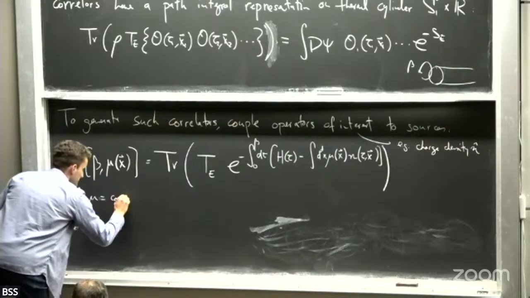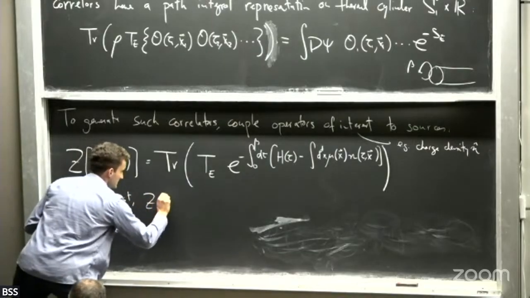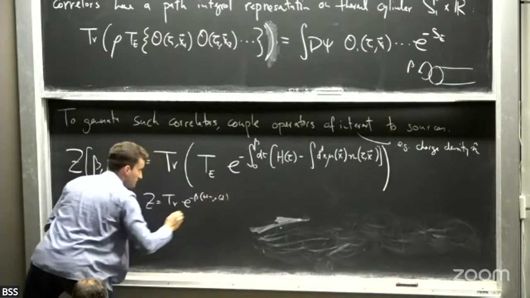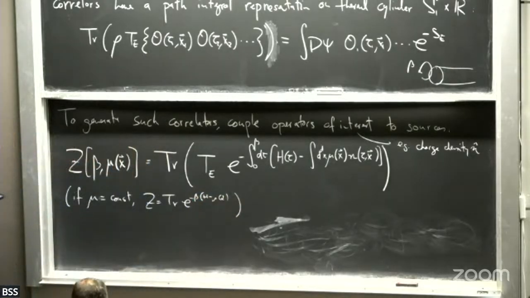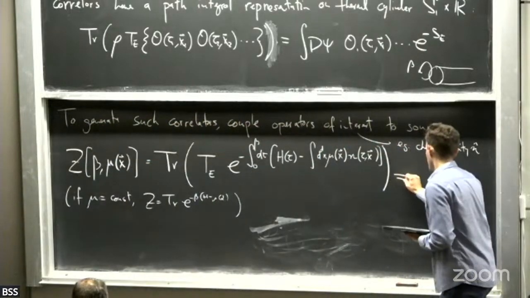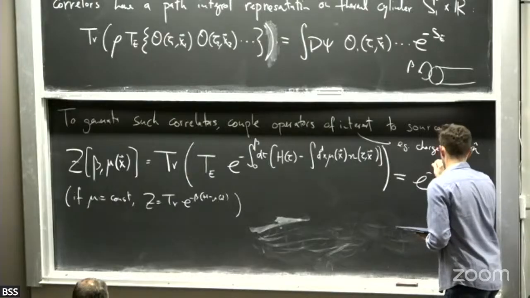If mu is a constant, then Z would just be the trace of e to the minus beta H. But here this will be a richer object. Let me also define the true generating functional, which is the log of this.